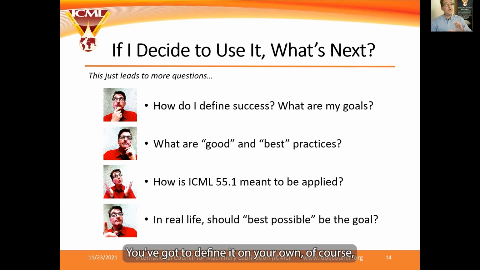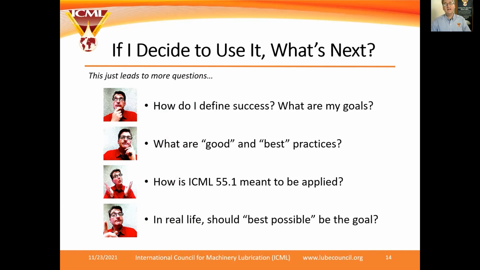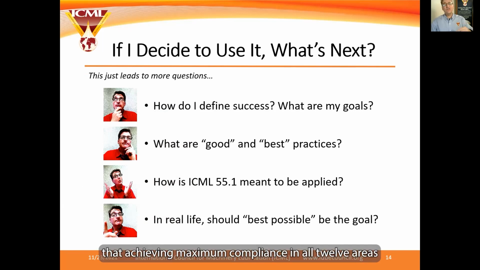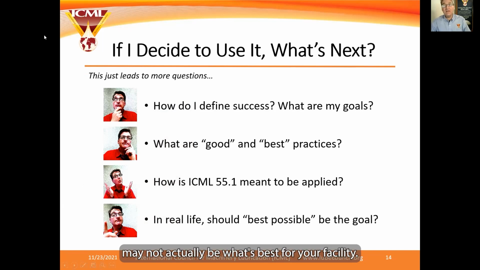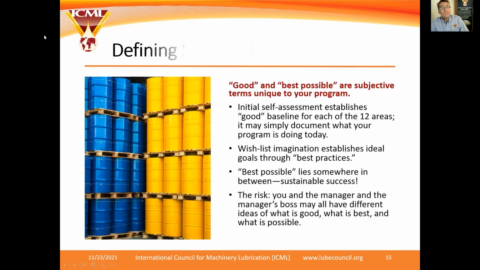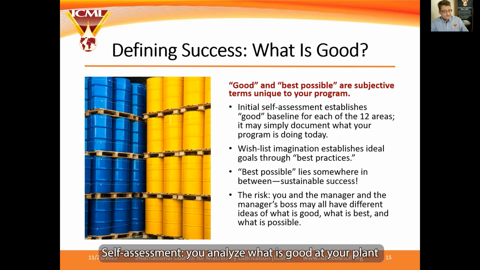You've got to define it on your own, of course, because you've got to establish what your goals are, what good practices are at my plant, what the best practices are going to be, and then how ICML 55.1 is meant to be applied to help establish these success levels, and in real life should best possible be the goal. You may be surprised going through this process. You may be surprised to discover that achieving maximum compliance in all 12 areas may not actually be what's best for your facility. So let's take a quick look at the process.